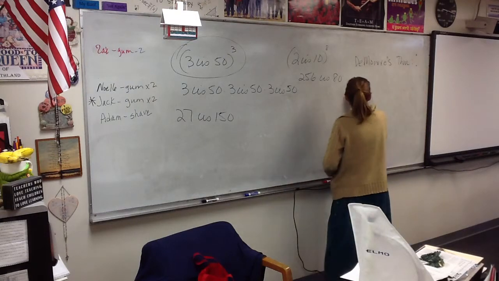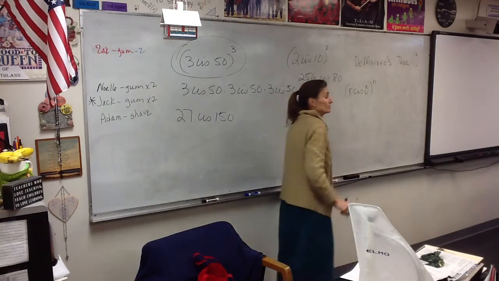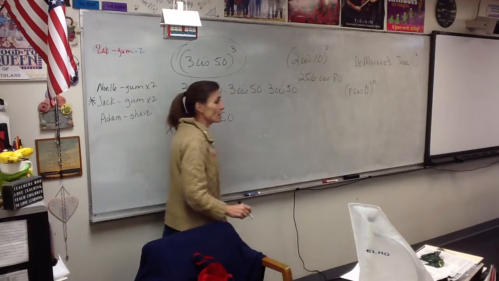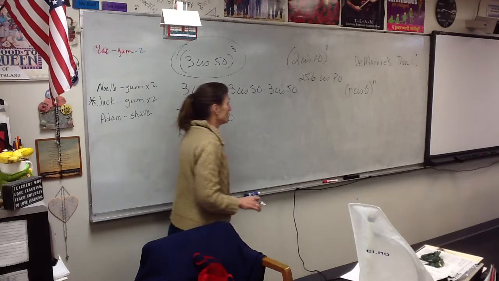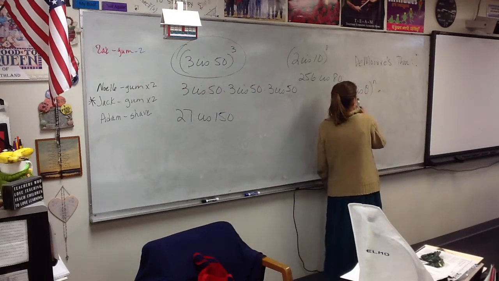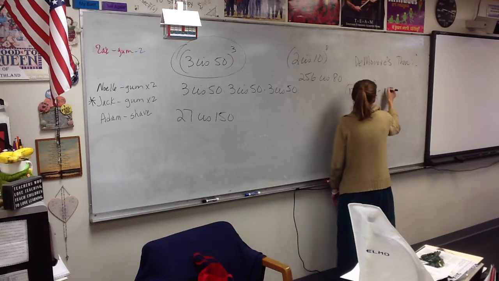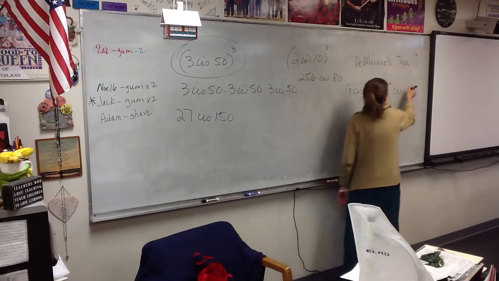And DeMoivre's theorem says if you have a number in polar form and you are going to raise it to a power, then what do you do? You tell me. What's it say to do? R to the n, n times theta.